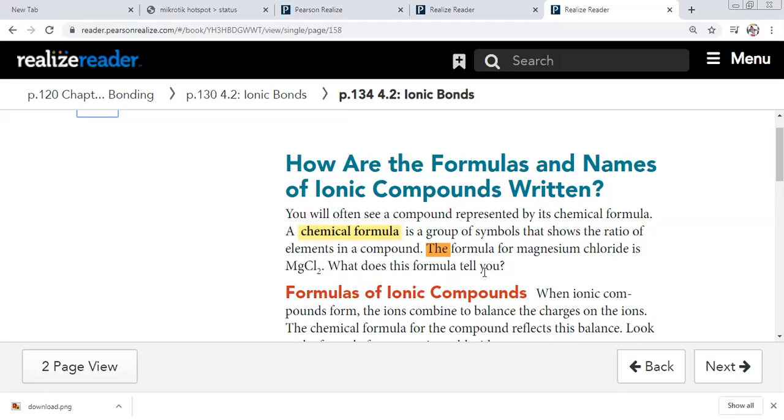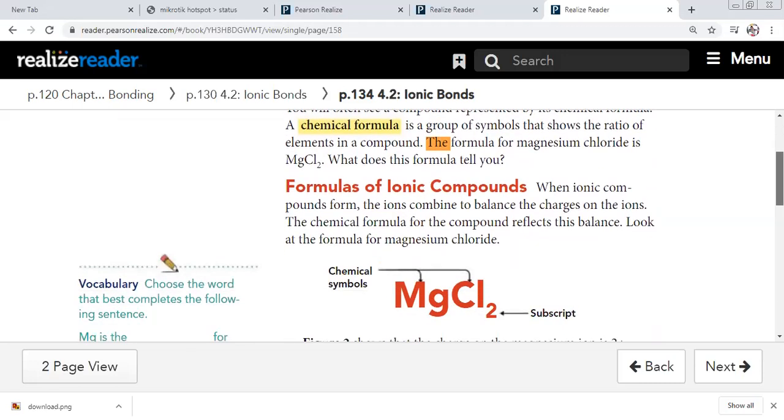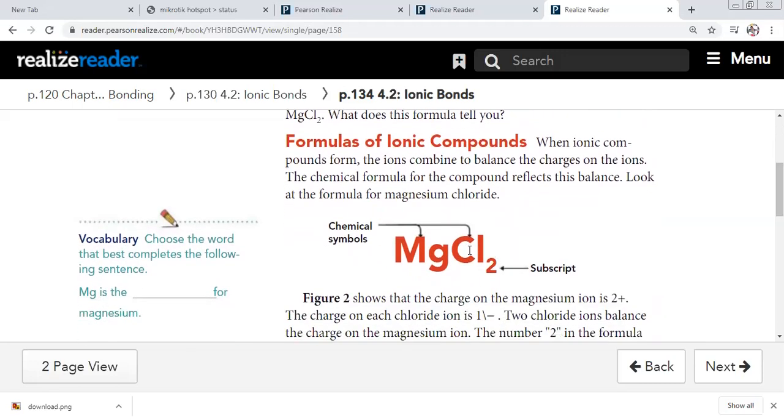What does this formula tell us? MgCl2 shows that the charge on the magnesium ion is +2. Let's see.